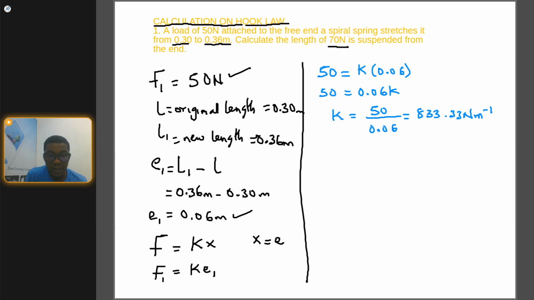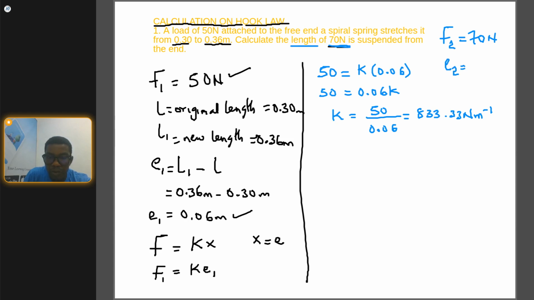Now that we have gotten the value of K, we can solve for this question. We have two forces. The first one is F1. The second one is F2. When F2 equals 70 Newton, the question says calculate the length. They want us to get the length, that is the extension, E2.